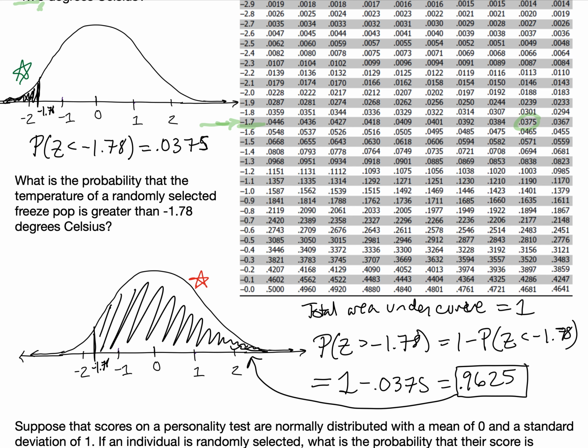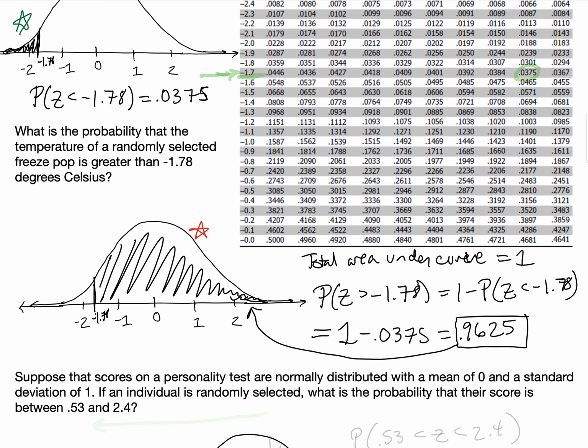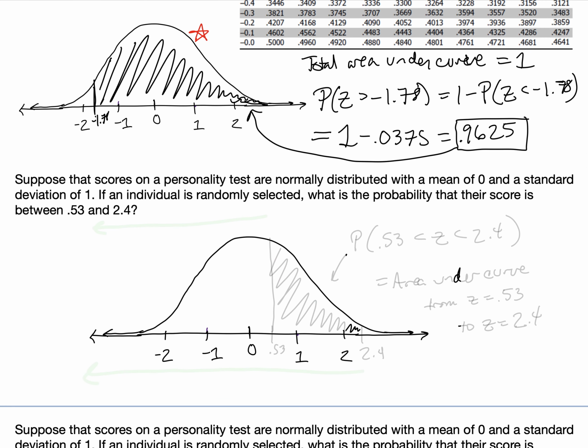Okay, suppose scores on a personality test are normally distributed with a mean of 0 and a standard deviation of 1. If an individual is randomly selected, what is the probability that their score is between 0.53 and 2.4? So between, here's 0.53 and here's 2.4. What is the probability that our randomly selected data value falls within that range?